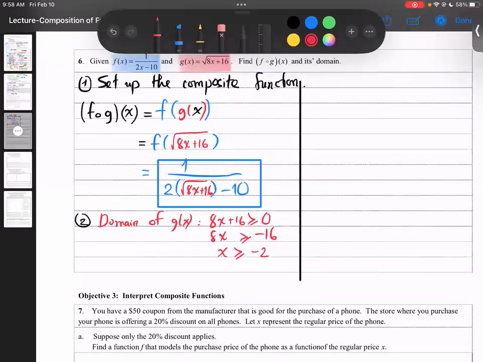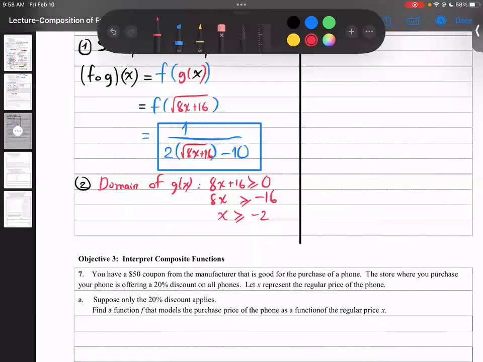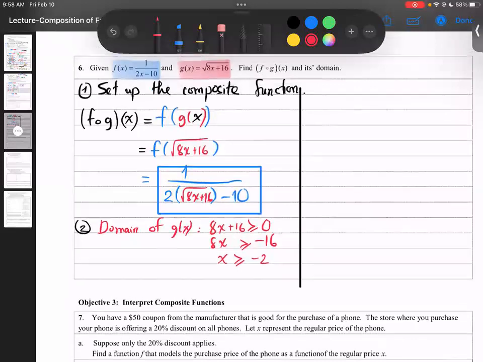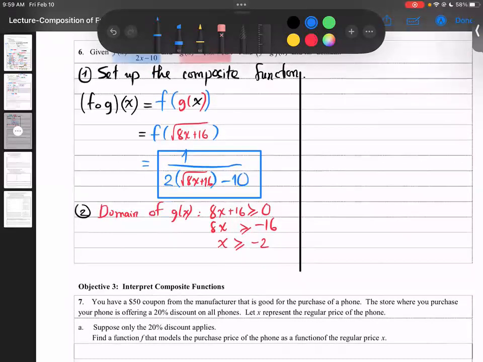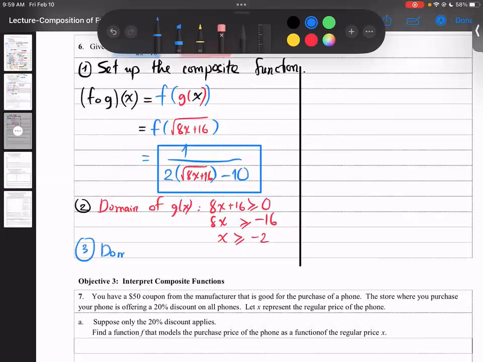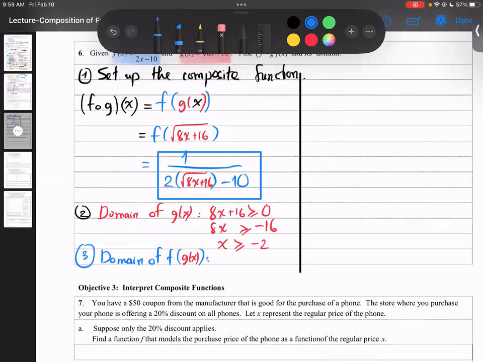And then you find the domain of f of g of x.